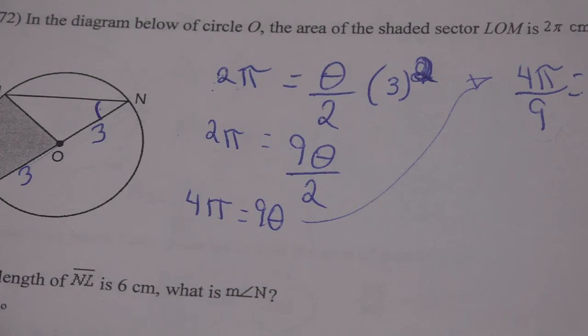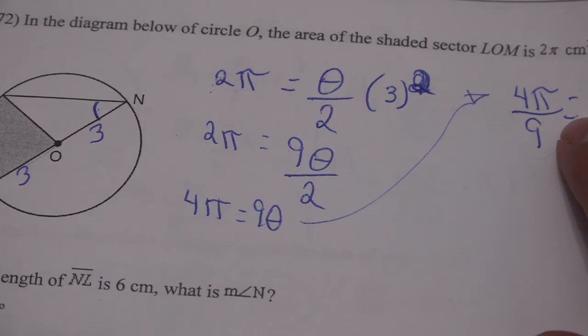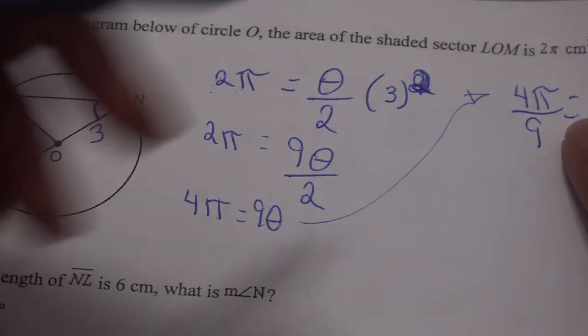So what's 4 pi over 9 in degrees? I gotta turn this into degrees, right? So how do I turn this into degrees? Easy. 4 pi over 9 times 180 over pi.